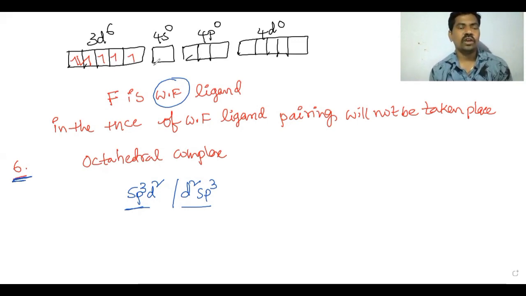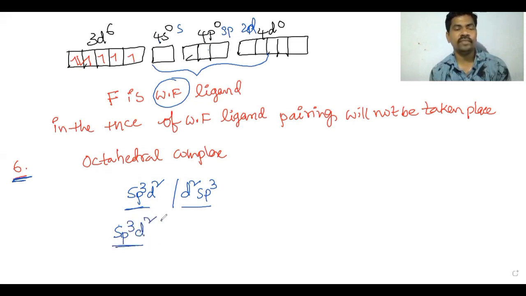That means 1 s orbital, 3 p orbitals, and 2 d orbitals: sp3d2 hybridization in this compound. It is an outer orbital complex, OOC, because outer orbitals are used in this coordination compound.